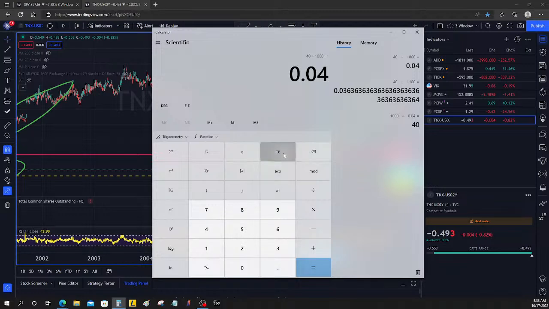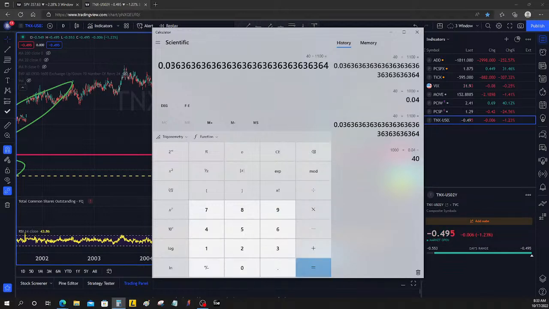But if you pay $1,100 for that same 10-year bond, this is the yield that you can expect over the course of 10 years.